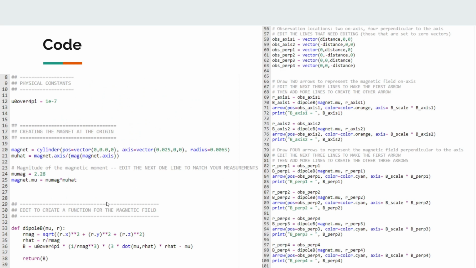For my code, as you can see here, this just calculated the magnitude of r and found the r hat value, and then this is just the Biot-Savart law in code. And then for this one, it was just finding the points perpendicular to the axis and the observation locations. For this, it's drawing arrows. This one's also drawing arrows, but this is for perpendicular to the axis.